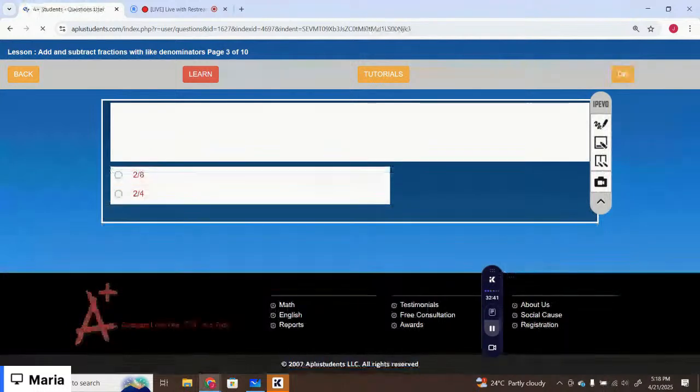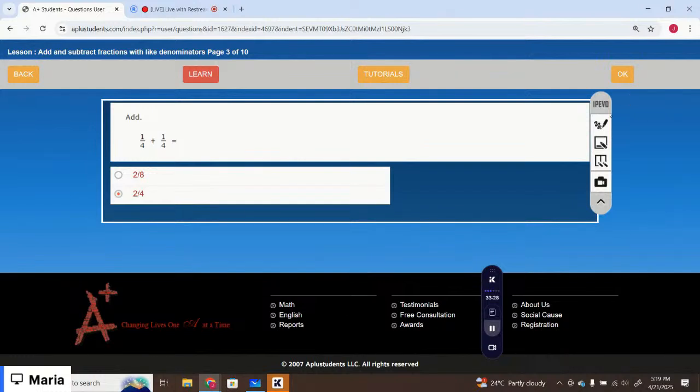The next one is 1 by 4 plus 1 by 4. So which is the correct option? 2 by 4.